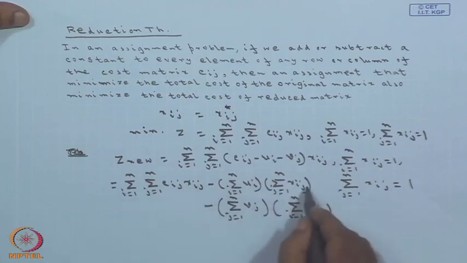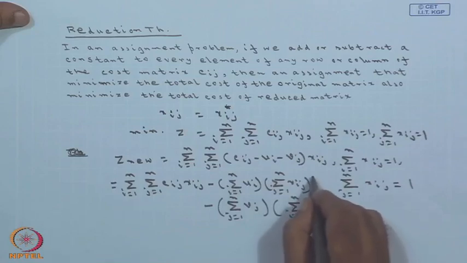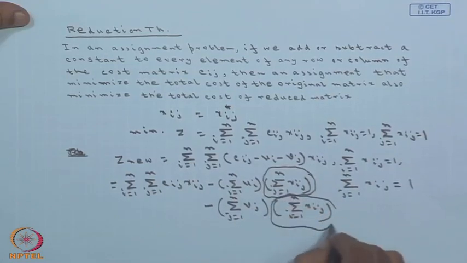If you see here, summation j equals 1 to n x_ij and summation i equals 1 to n x_ij, these values are 1. This value is 1 and the other part is also 1.